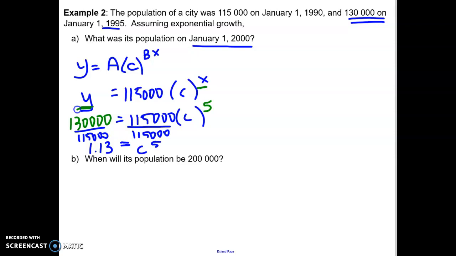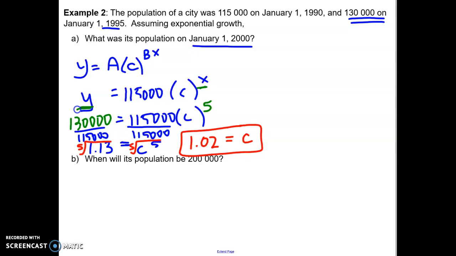Now this is where you said, can't we quintic root it? Yes, because how do you undo a power of 5? You fifth root it, right? So we're going to put these both to the fifth root, and when you fifth root 1.13, you get 1.02, which equals your growth factor.